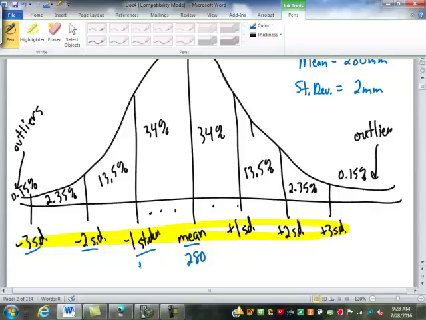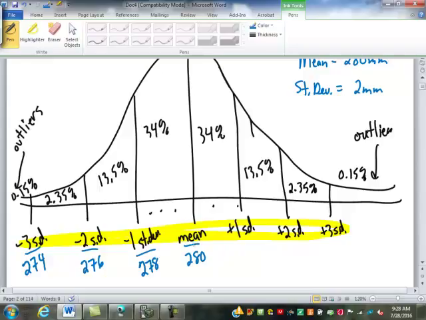If I subtract 1 standard deviation, which is 2 millimeters, I'm going to get 278. The mean of 280 minus 2. If I go here, I'm going to subtract 1 more standard deviation. What's that going to be? 276. Perfect. And here? 274.